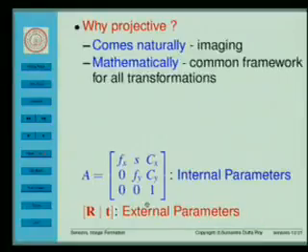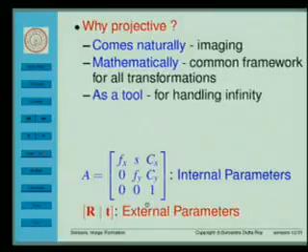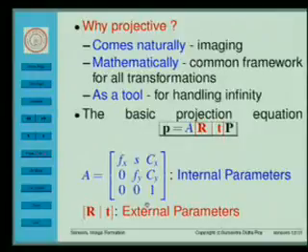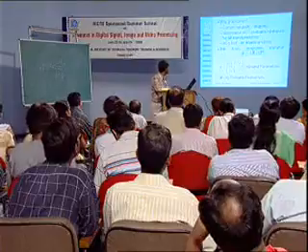Why do we consider projective images? Because it comes naturally. That is the way lenses are built, and mathematically it gives a common framework for all transformations. This part I will come to a bit later, because it involves a bit of math, but first let me motivate the problem at hand.